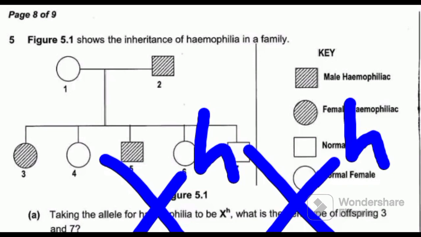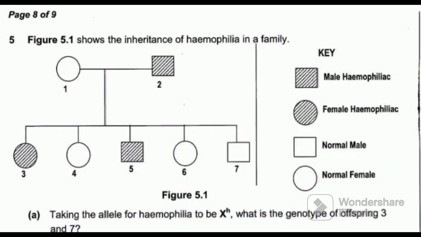Offspring 7, let us also write the genotype for offspring 7. Offspring 7 is a square which is blank. A square which is blank is showing a normal male. So how are we going to write the normal male?